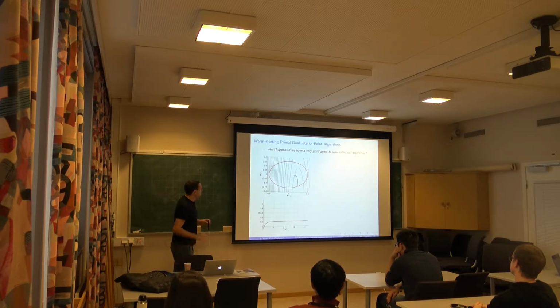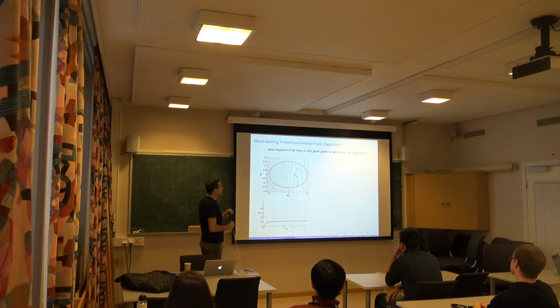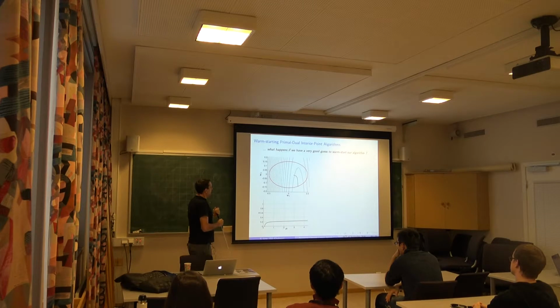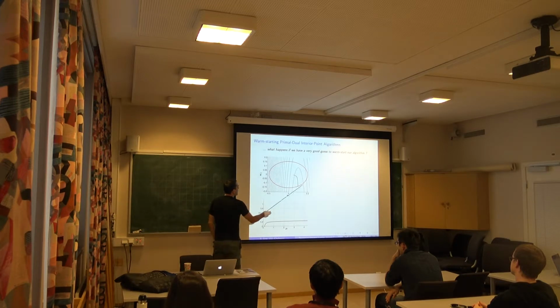Now I want to tell you a little bit about what happens when you try to use that in the context of interior point methods. That applies to all interior point methods. I'll show you for the primal-dual style, but if you use barriers in the cost function, it does not really change what happens. To see this, we can backtrack to the very simple problem that we looked at last time.